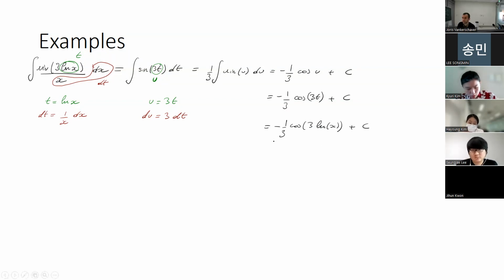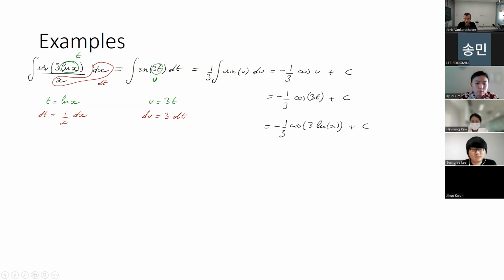And here it would be really easy to take the derivative again and check that we have sine 3 ln x divided by x, just as a check, but I'll leave that to you to do. The main message with integration by substitution is, you have to look a bit in the integrand for what you already have and what you can substitute.